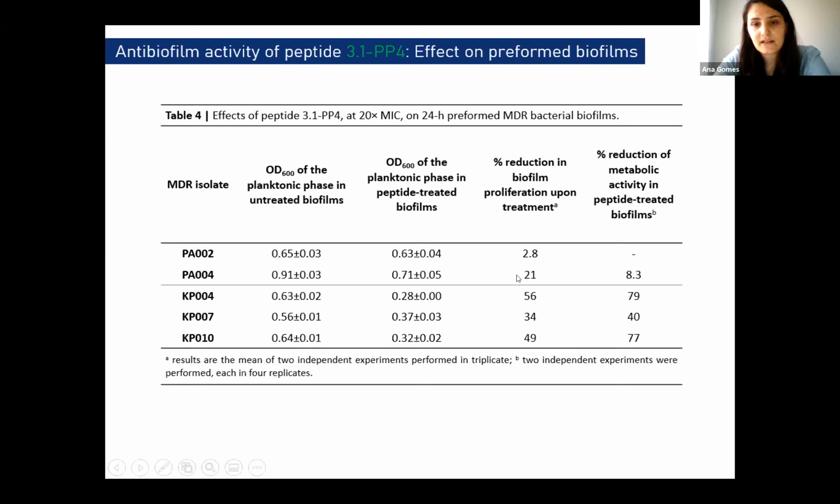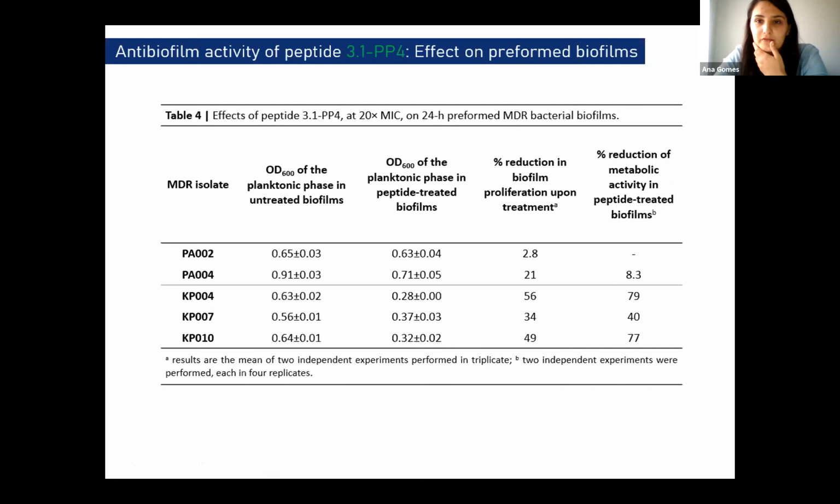And as you can see, there is a significant difference in the reduction of biofilm proliferation, being the effect of the peptide greater in the Klebsiella pneumoniae biofilms. We also assessed the reduction of metabolic activity of the biofilms and reinforced the previous results, indicating that the highest impact of the peptide is against Klebsiella pneumoniae isolates.